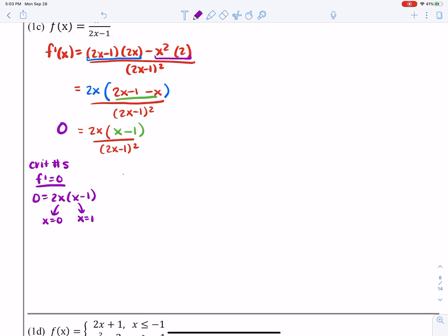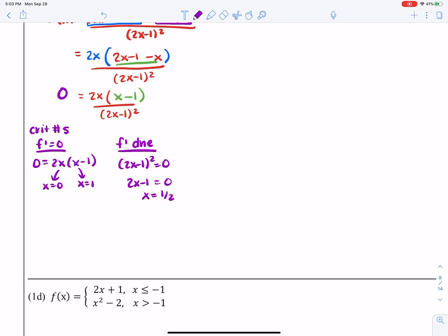I also want to find where the derivative does not exist. That is your denominator set equal to 0, which will just be 2x minus 1 equals 0, or eventually x is equal to 1/2. So it's important that you get this to a factorable simplified form so you can find all three of those critical numbers.